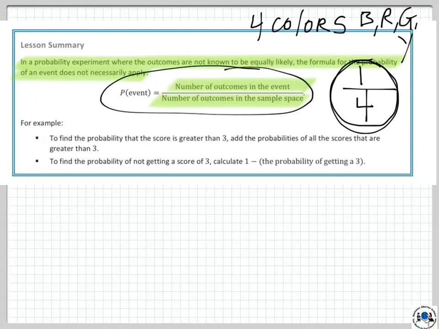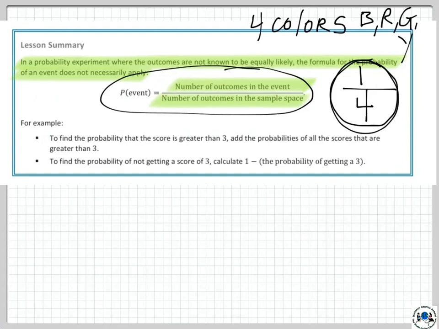Now, I'm not sure why they need to distinguish at this point that this is no longer good, because the truth is you're going to be able to use this whole formula again. It's just that your number of events and your sample space are going to change a little bit. They're trying to give you an example of where it would not work.